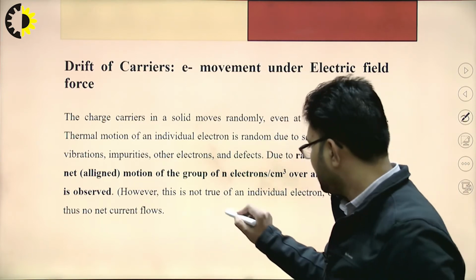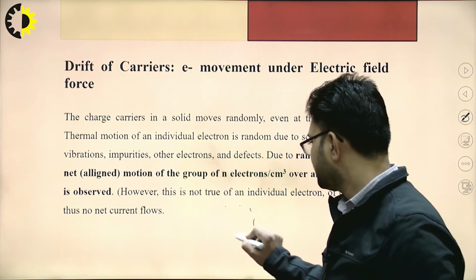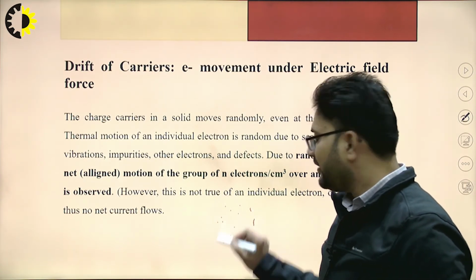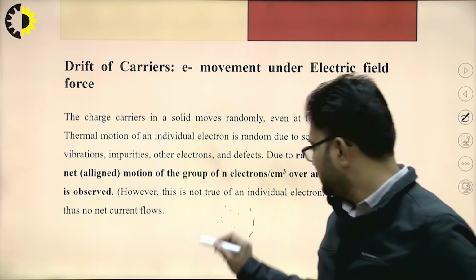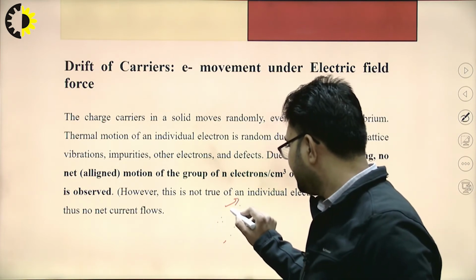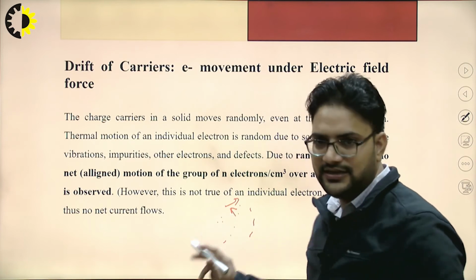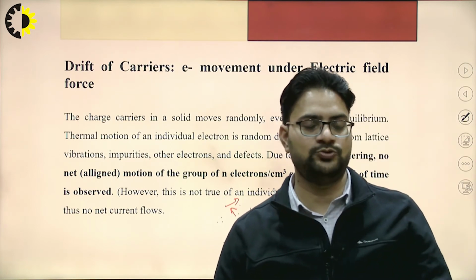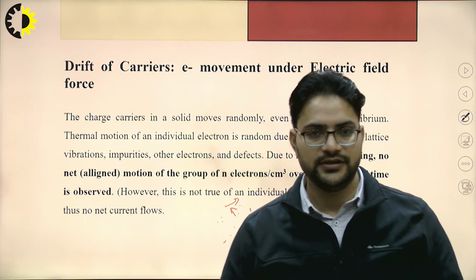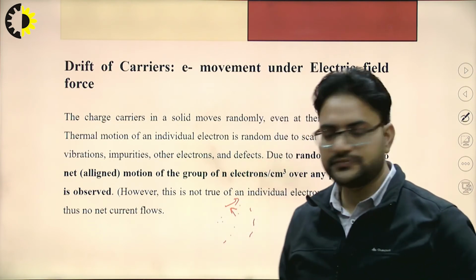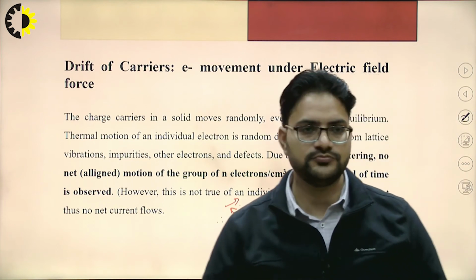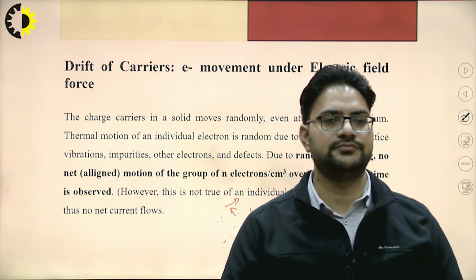Suppose I consider this material consists of these electrons. If I apply thermal energy, they will move here and there. Some electrons will be moving in the left direction, some electrons will be moving to the right direction, right? So this movement will be random due to the thermal energy.